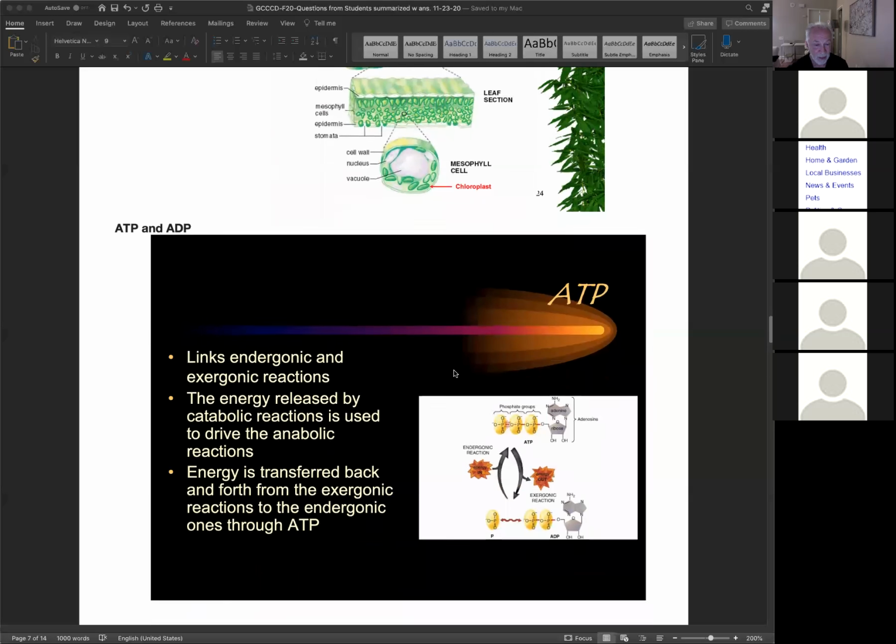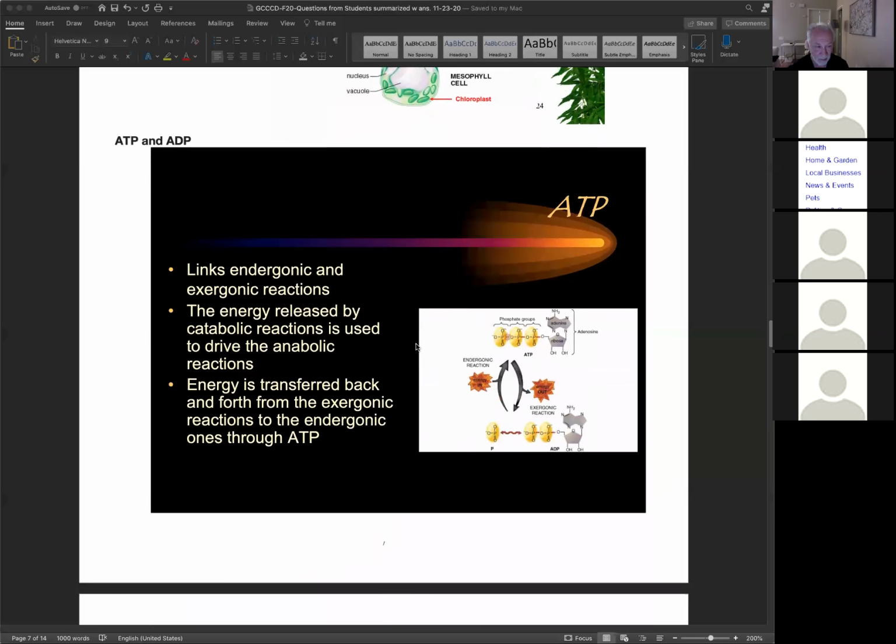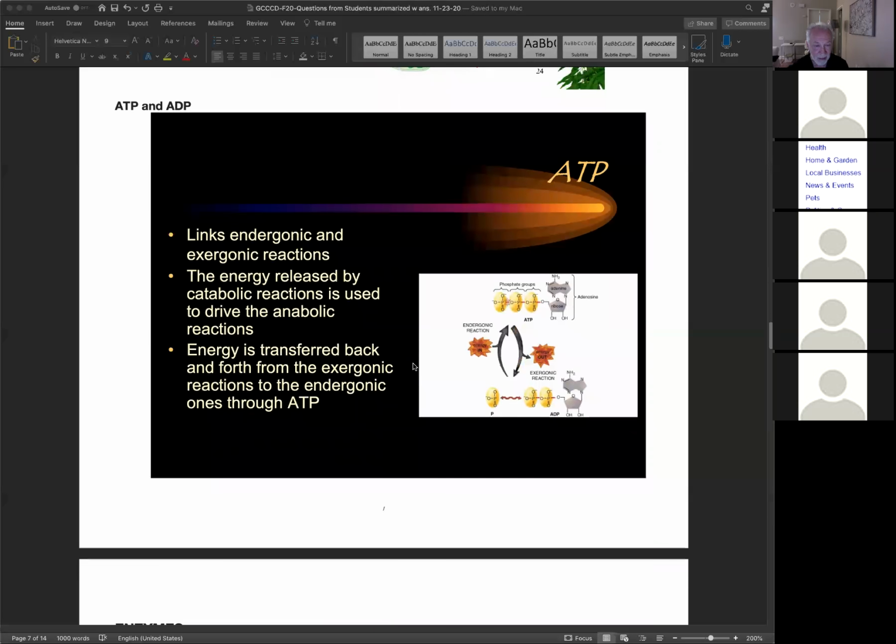And there was a question about ATP, ADP interconversion. So that's why I put this illustration here. The structure of ADP is at the bottom. ATP is at the top.